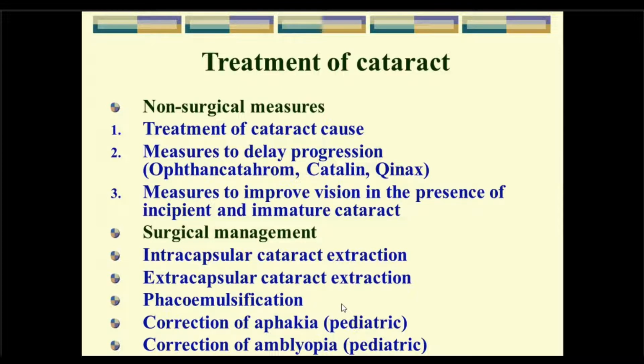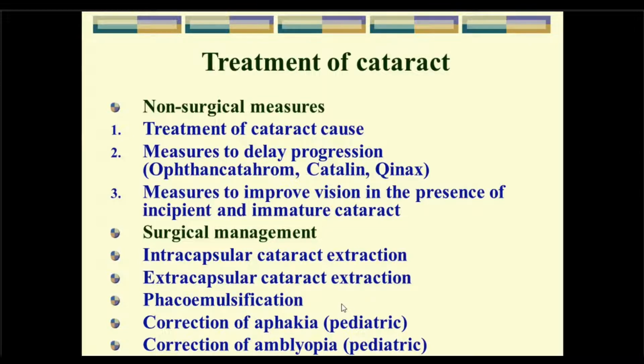I would like to tell you some maybe historical methods, but you should know about them. Intracapsular cataract extraction, when we remove the whole lens with the anterior and posterior capsule and nucleus and cortex.